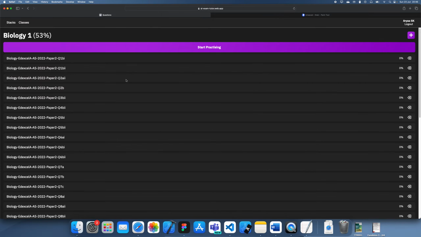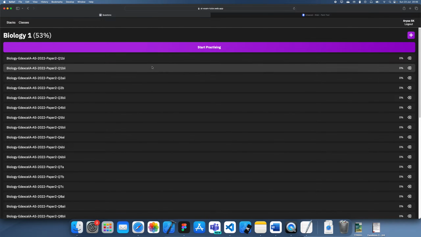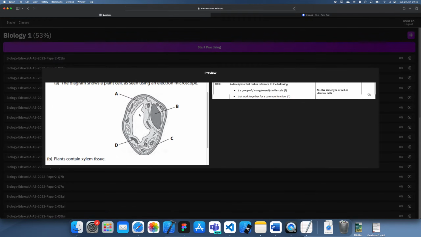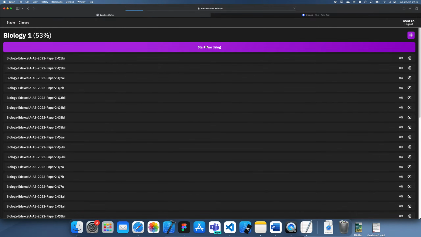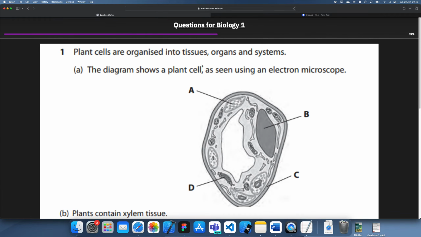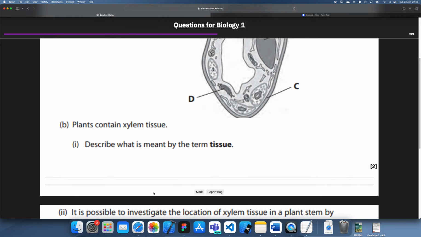I'll give you an example. If I click on biology 1, I don't think I did this one, I think I did this separately, but you can see they come with questions. Here is a question and here's the answer. You click start practicing and you can type in your answer here. For example, what is meant by the term tissue?